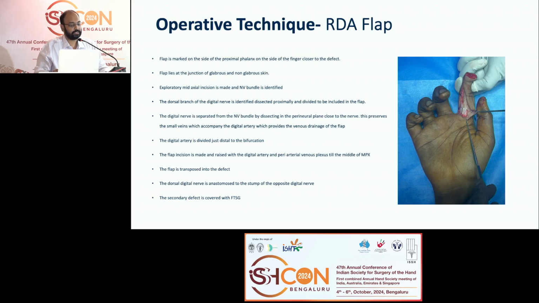The flap incision is completed and raised with the digital artery and the periarterial venous plexus till the mid proximal phalanx region. The flap is then transposed into the defect. The dorsal digital nerve, which has already been included in the flap, is anastomosed to the opposite side digital nerve stump. The secondary defect is then covered with an FTSG.